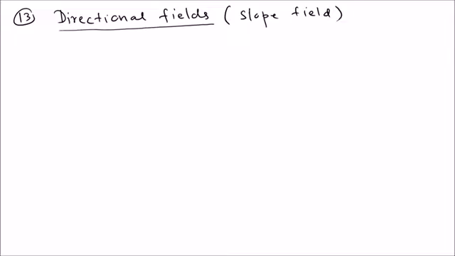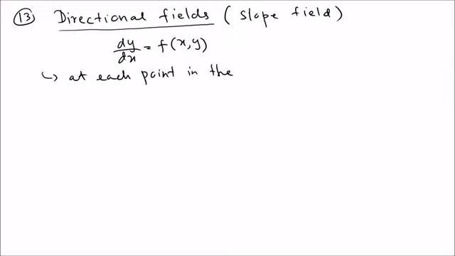When we have a differential equation, say dy over dx equals f(x, y), what we can do is, at each point in the domain, draw an arrow indicating the direction of the tangent line.